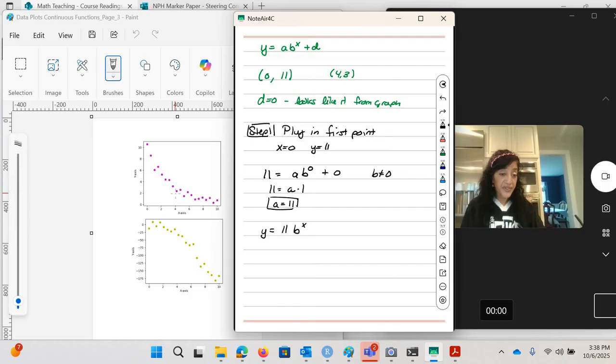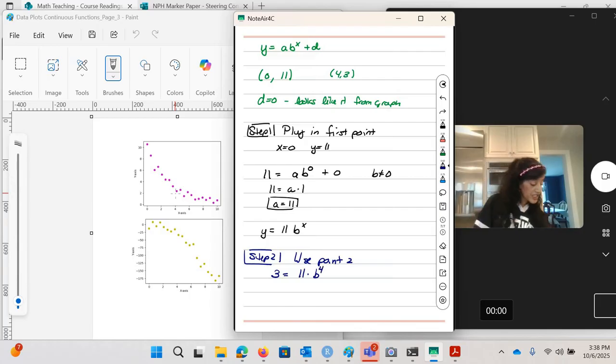Next step is to get rid of b. How I do that is I pick the second point that I have. So let's change the color here. Step 2, use point 2. If I do that, I get y is 3 and b is unknown, but my x is 4.